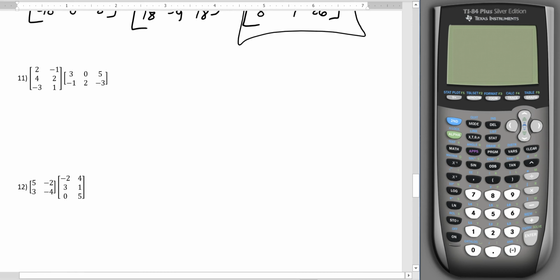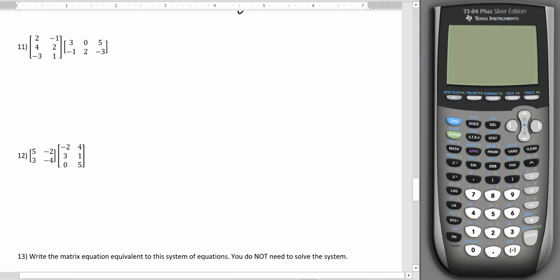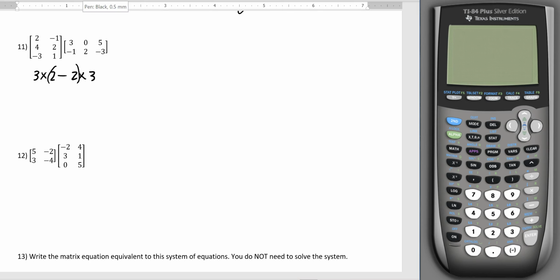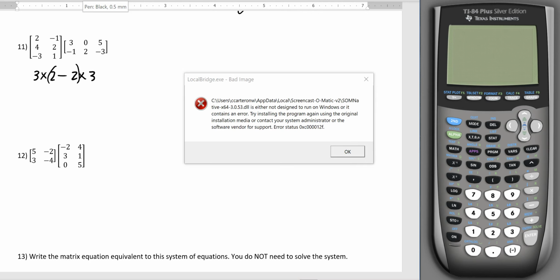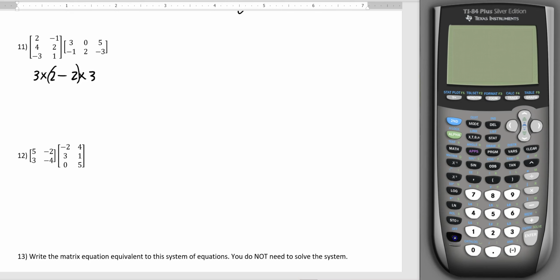Number 11. Okay, we're multiplying, so let's see if that's possible. We have a 3 by 2 times a 2 by 3. Notice how these inside numbers are the same, so it is indeed possible. Okay, let's pull up our calculator here. We're going to have to input a couple of matrices. Let's do this first one.